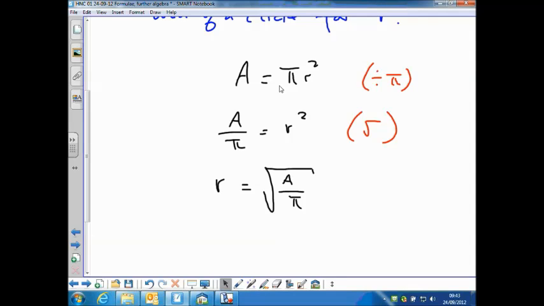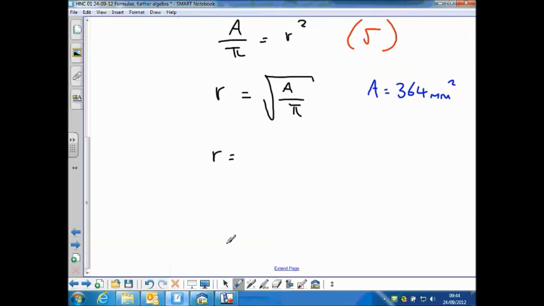So if I had a circle and the area was 364 square millimeters, calculate on the calculator for me what the radius of that circle is to an appropriate accuracy. And what I also want to do is to do it in one hit on the calculator.